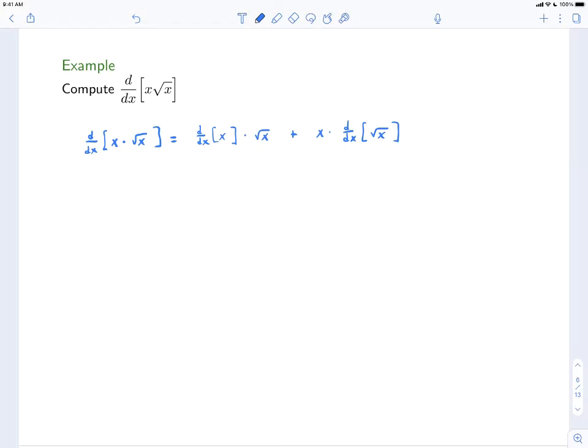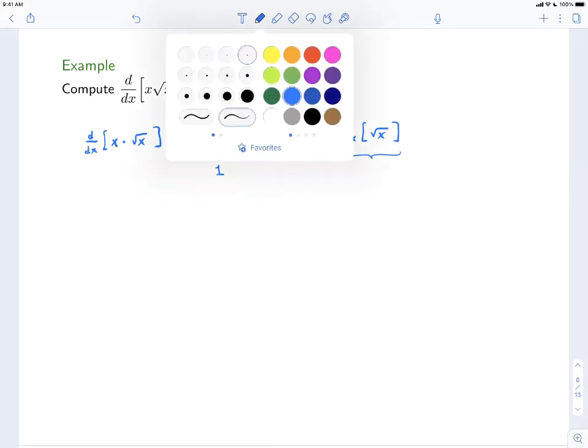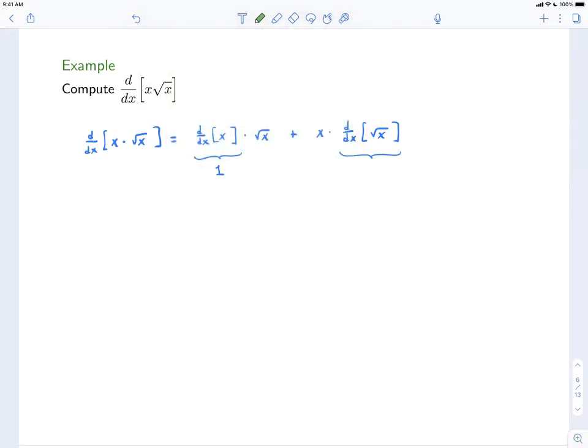Now each of these derivatives we can compute. The derivative with respect to x of x is just 1. And what about the derivative with respect to x of the square root of x? Well, let's just remind ourselves here that the square root of x is equal to x to the 1/2.